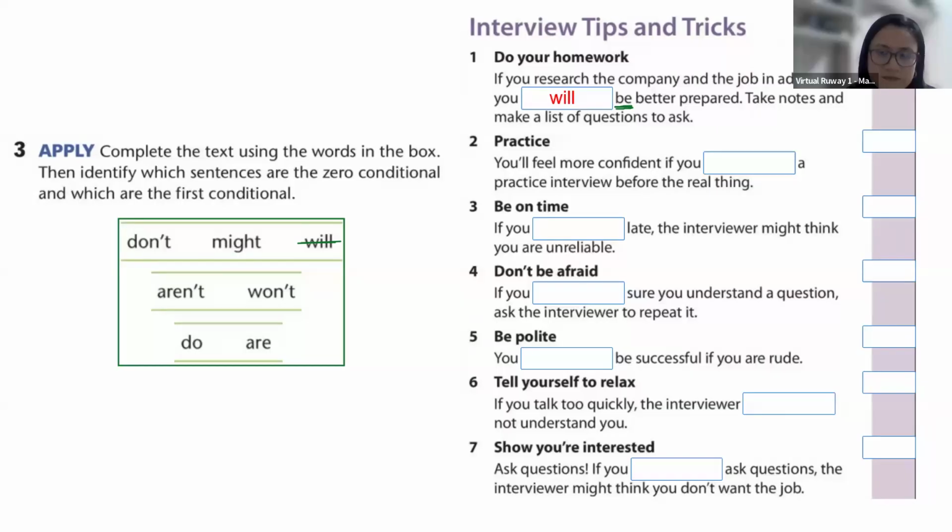Uh-huh. If you, what is the answer, Kari? Do. If you do, right? Excellent. And this is first conditional or zero conditional? Zero. Okay, but it says you will fail. First, right? Okay, that will makes it first. Thank you. Let's continue with Johan, number three.